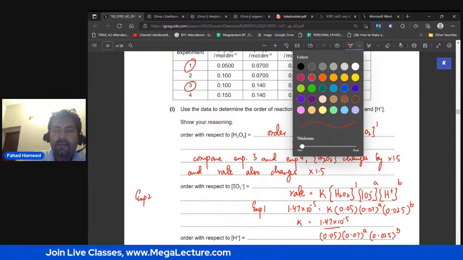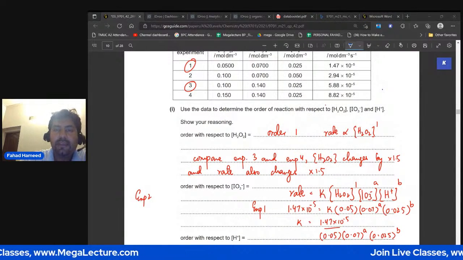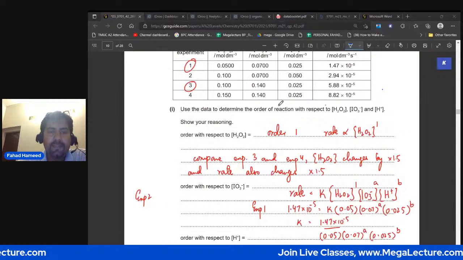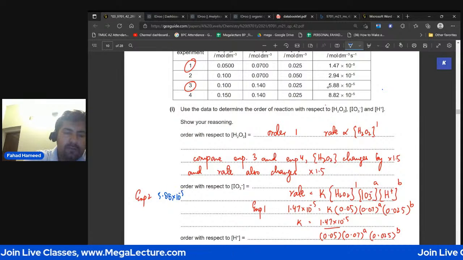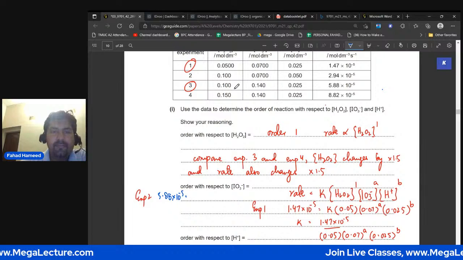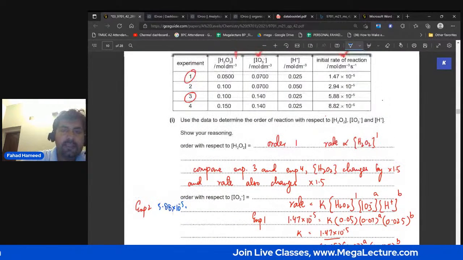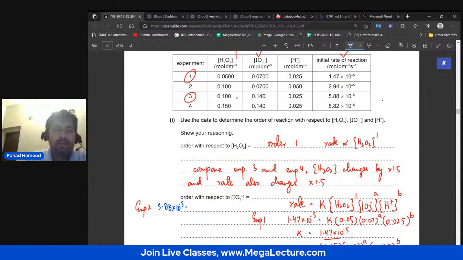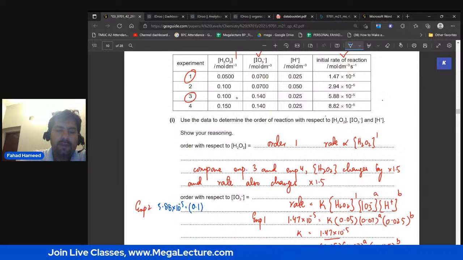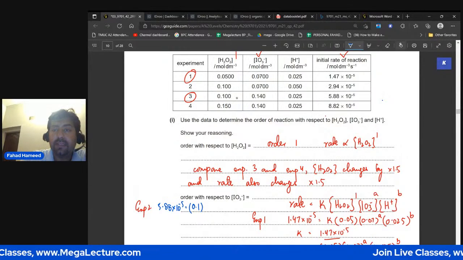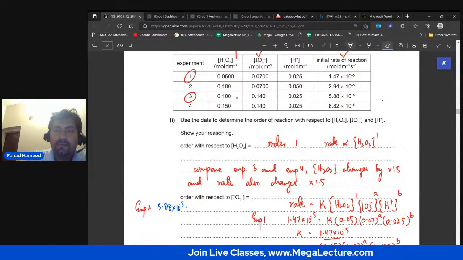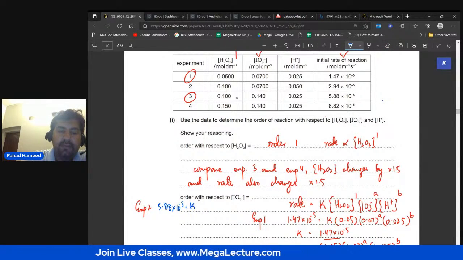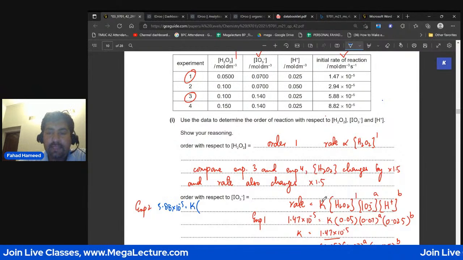So let's do experiment 2. When I do that, the rate is 5.88 times 10 power minus 5. And my concentration for H2O2 is coming out to be 0.1, and that's power 1. And there's a K as well, the same K. So the rate, the same equation.